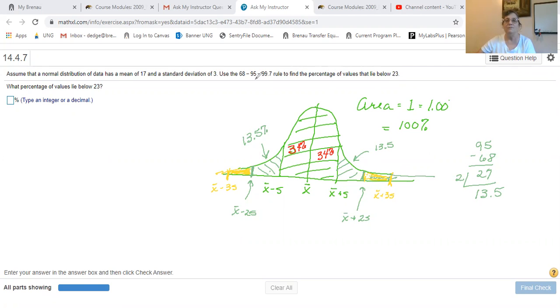it goes from 95% from here to here to 97.7% from here to here. And the reason it's such a small part left is because these lines are supposed to be really, really low.